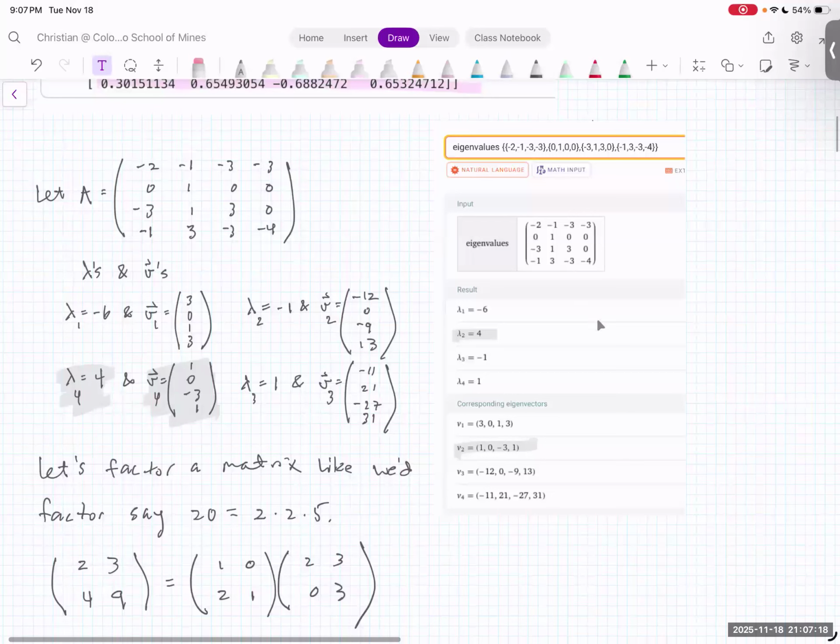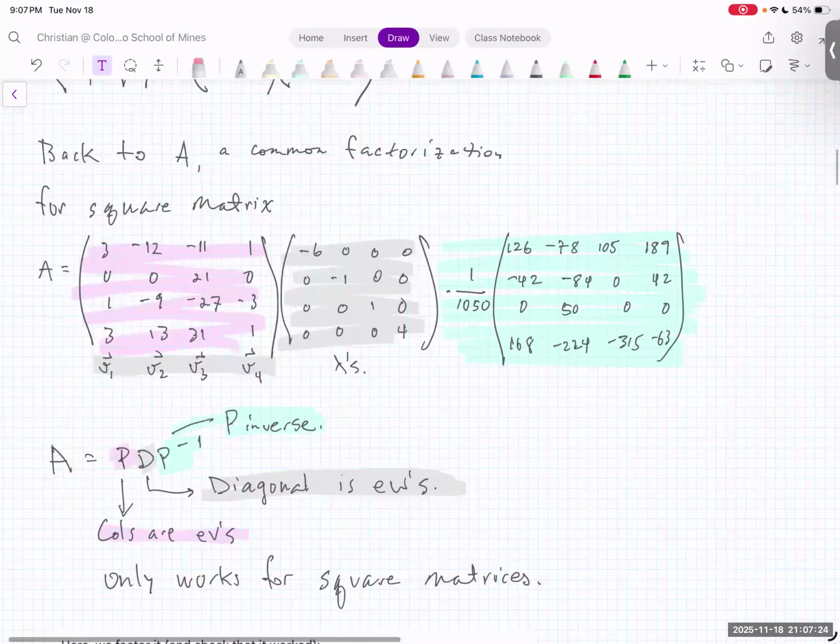So back to matrix A, where we had, again, here was matrix A there. We have our eigenvalues over here and our eigenvectors here. If we scroll down to a factorization, here we have a factorization for matrix A. We have matrix A on the left. In pink, we have a pink matrix times a gray matrix times a blue teal matrix.